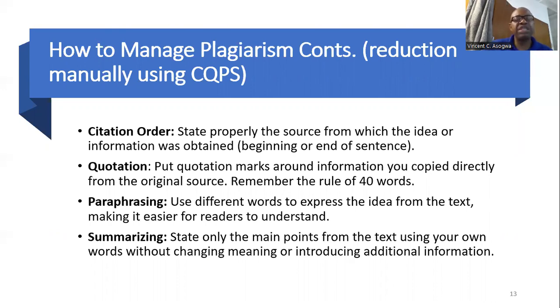We have beginning of sentence citation and end of sentence citation. If when the plagiarism is checked it is plagiarized, but the citation is at the beginning, you may take that citation to the end. Change it. If it is at the end, you can paraphrase it and have a beginning of the sentence citation, provided you correct your grammar.